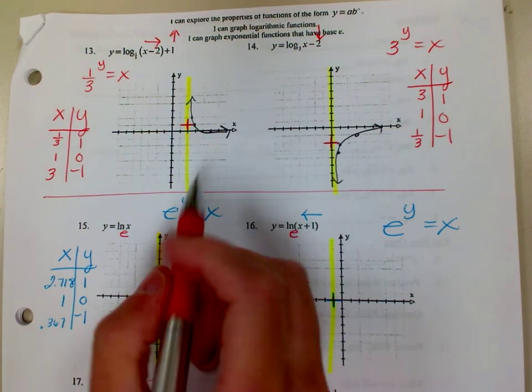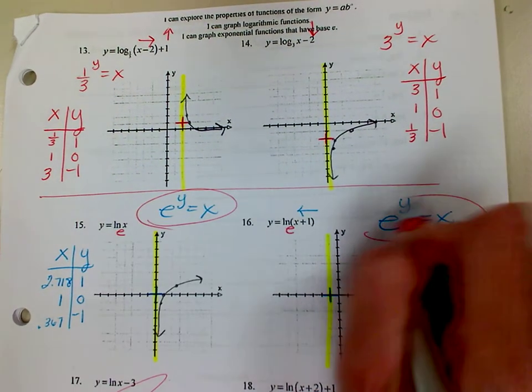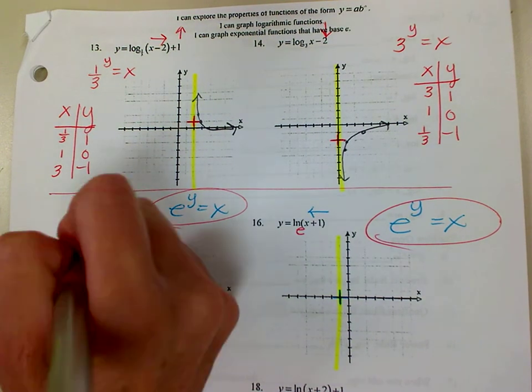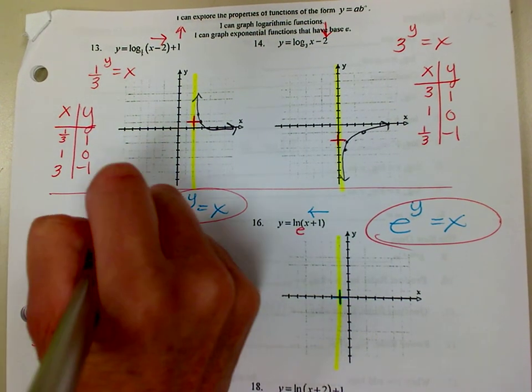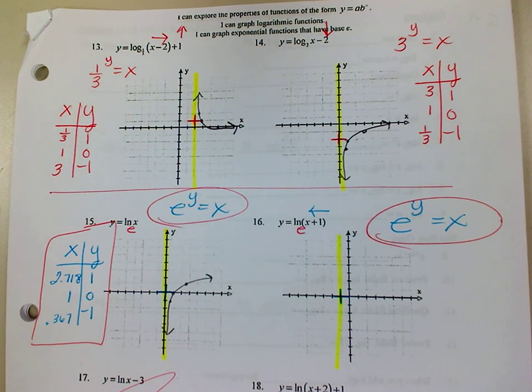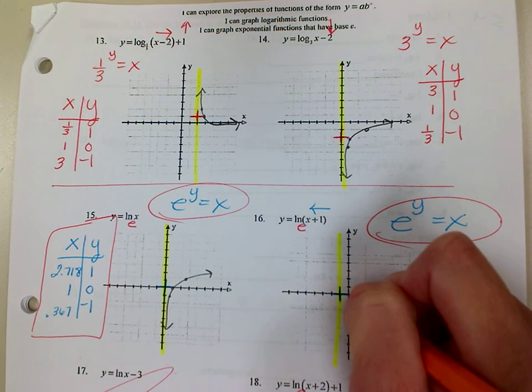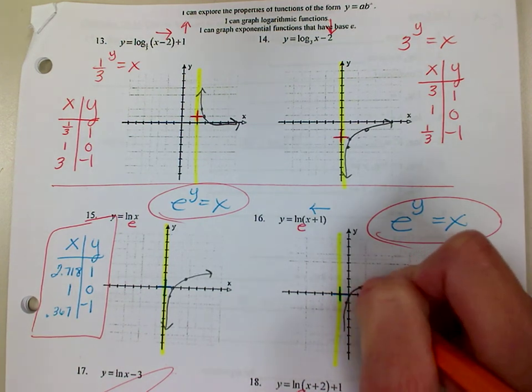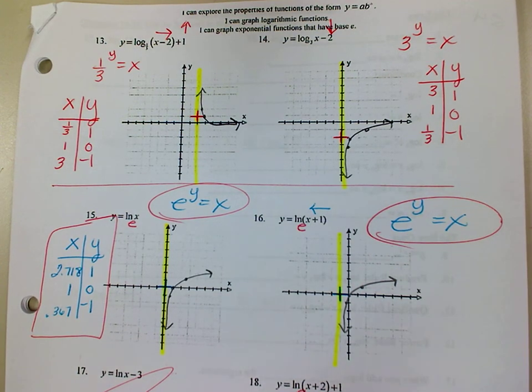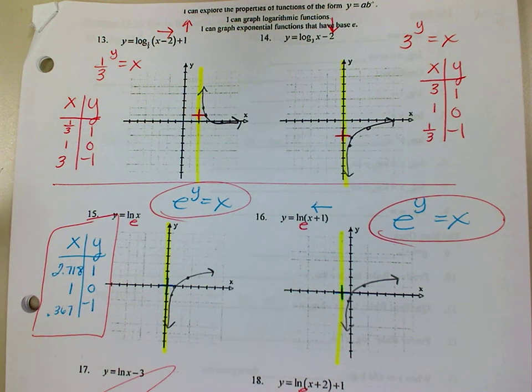Now these two equations look exactly alike, so I'm going to use this table to graph number 16. It's the same exact equation, same exact table. And it's going to look something like that. Looks the same, I just moved it over 1.